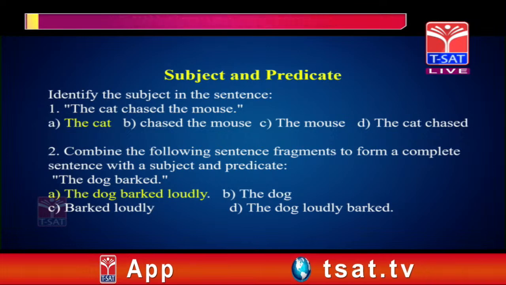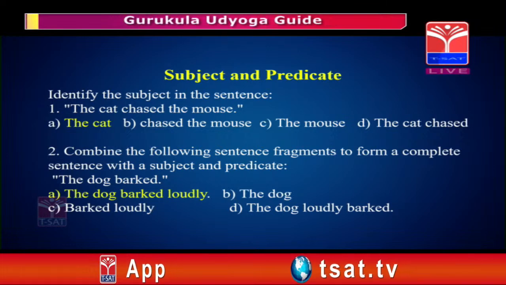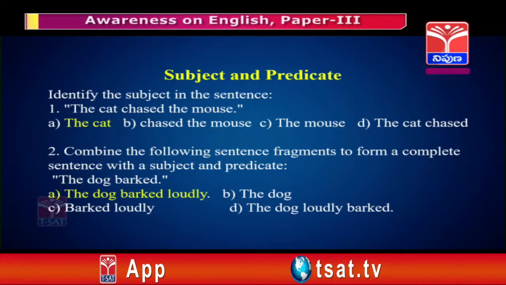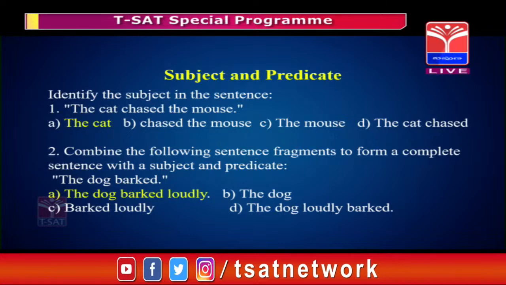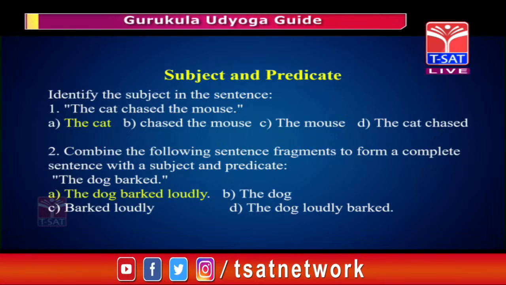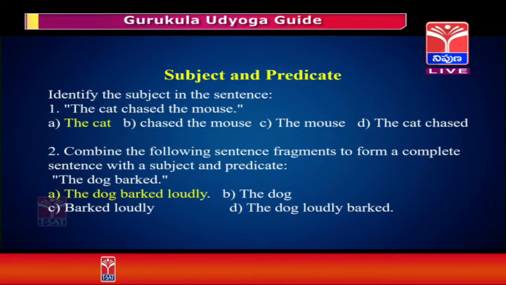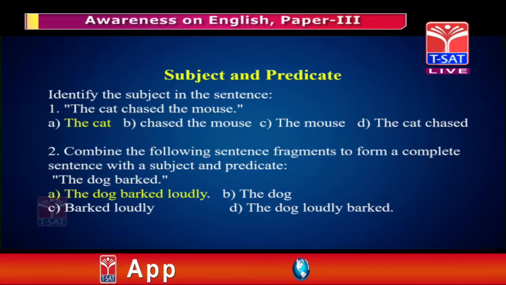They asked us to identify the subject, that's the reason we are finding only the subject. Chased is a verb, the mouse is the object of this, and the cat chased is the action done by it. So the right option here is the cat. That is how you need to check.